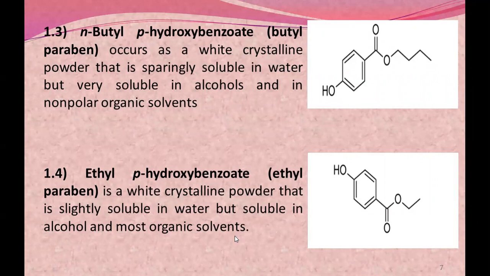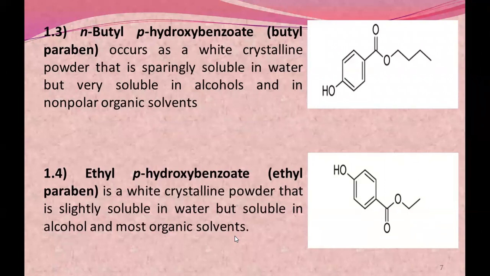Now here the solubility of every paraben has been mentioned. Whenever you are going to write such questions in an examination, you are supposed to write the name of that compound, draw its structure, and write some important properties of that compound. So here I have written the physical nature, that it is a white crystalline powder.